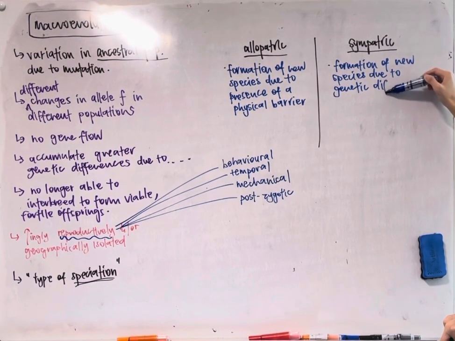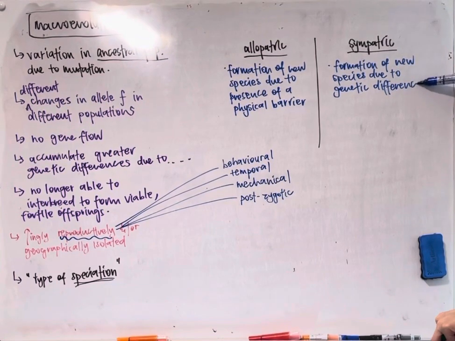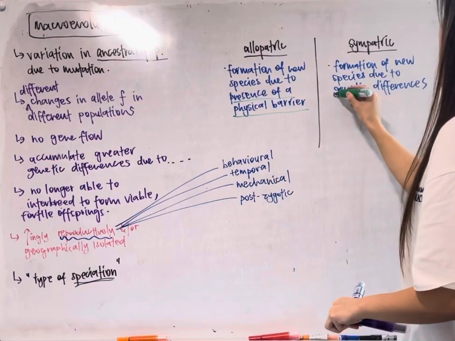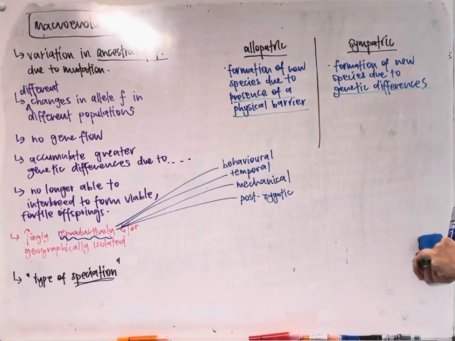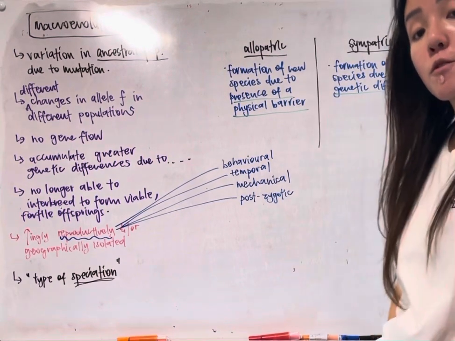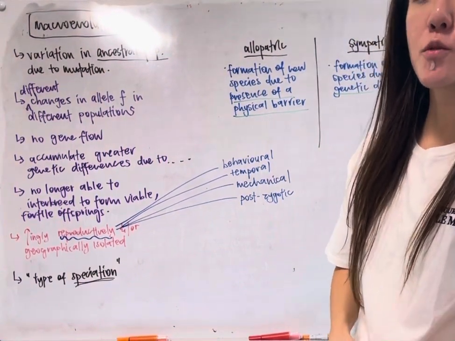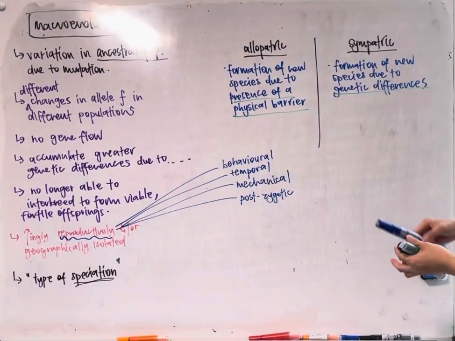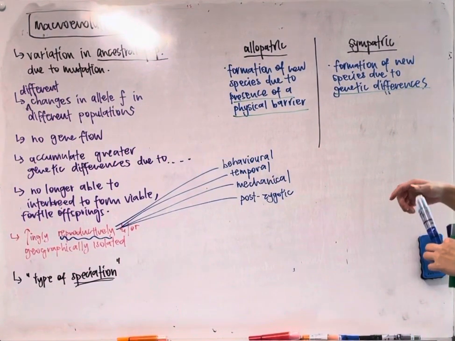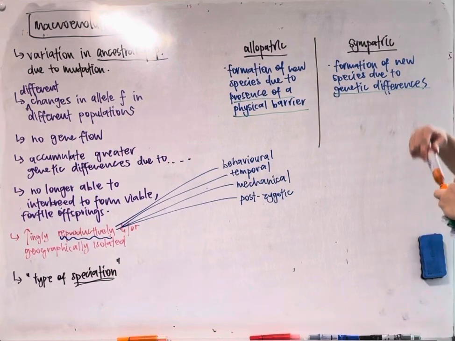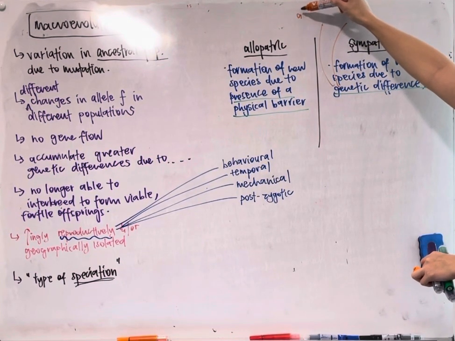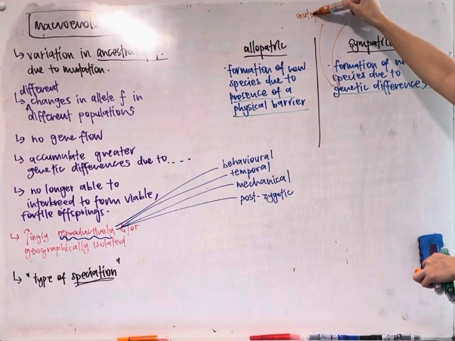Since we are talking about the two main differences, physical barrier and genetic difference, what brings about the genetic difference for sympatric speciation? Xianfei? There are two mechanisms that bring about your genetic differences, not just any mutation, but what kind? The two things that you saw just now, alloploidy and autoploidy.